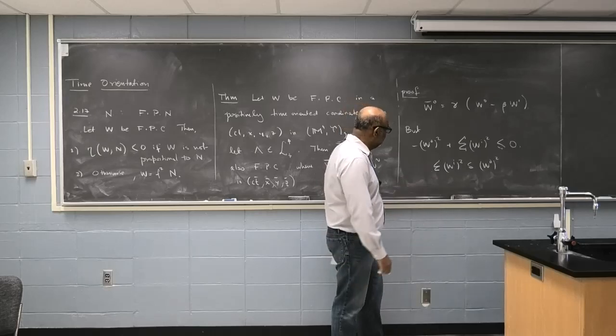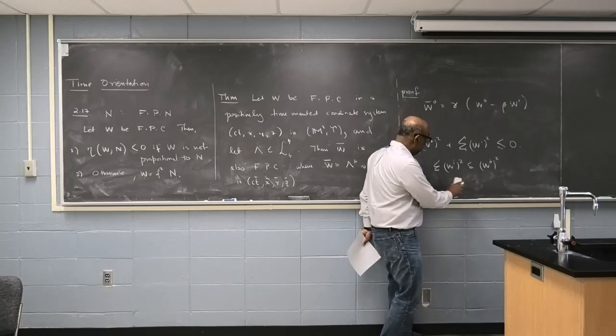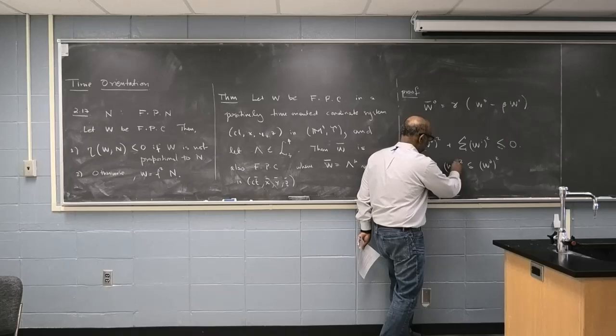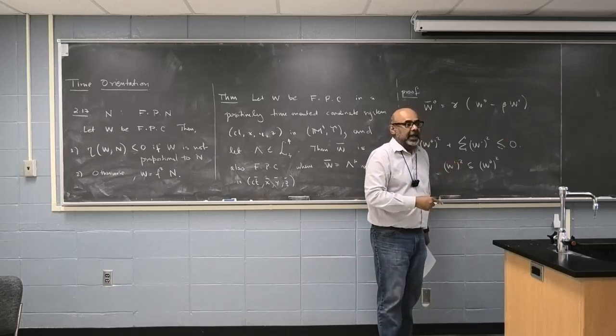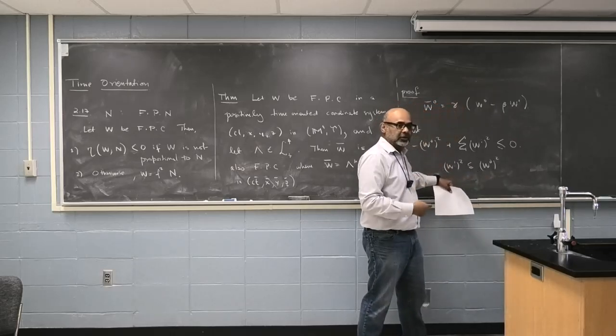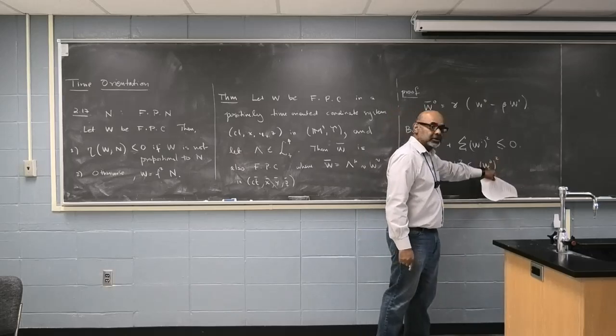If this is true, is this true? If I add 3 positive numbers, if it's less than this, if I pick one of the 3, it has to be true. Is this guy already positive?